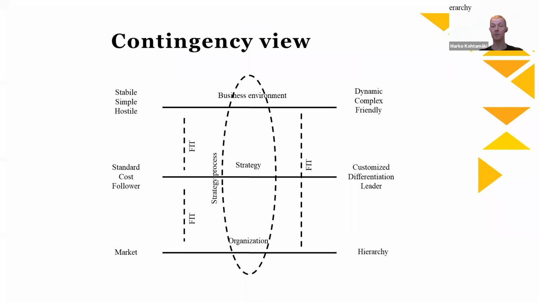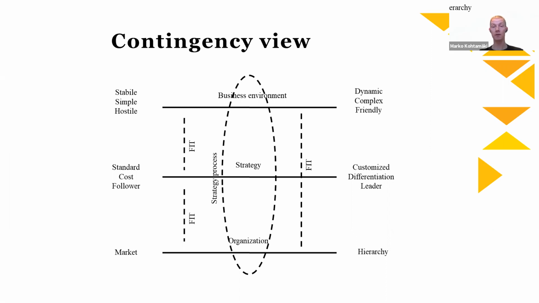As an example, this figure illustrates the requirement of strategic fit between the business environment, strategy, and organization, when the organizational dimension is defined as a dimension of a value system organization where the firm's own organization takes place.